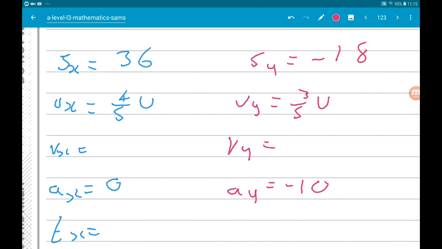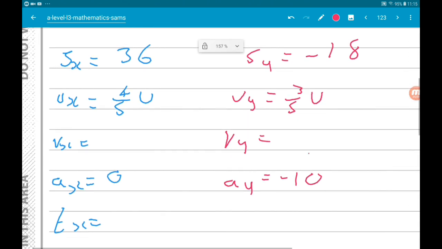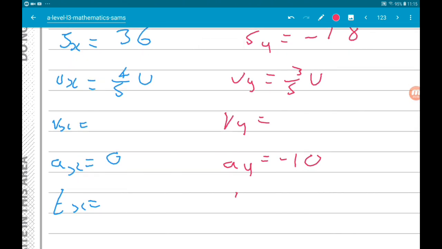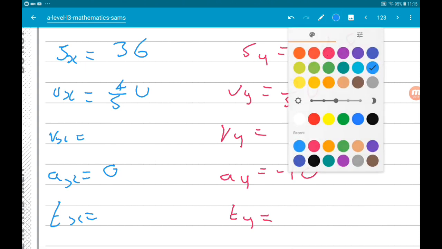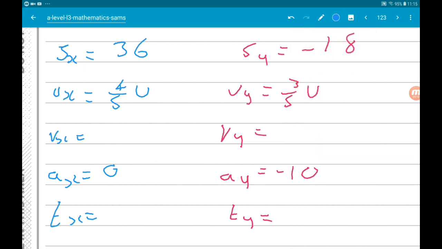And again, we don't know time. Okay, so what can we do with Suvat then?